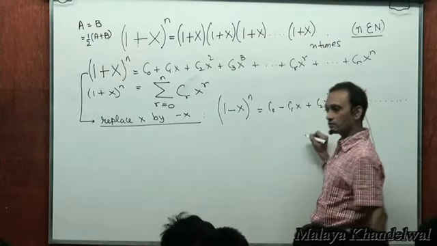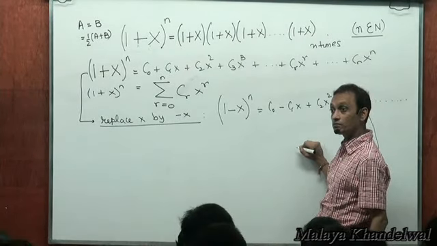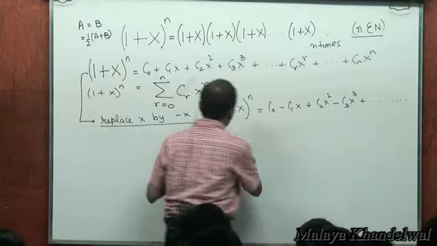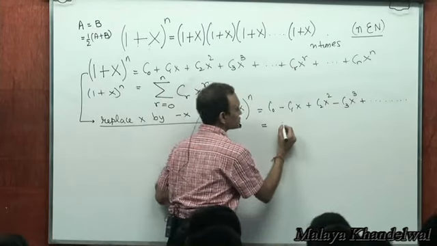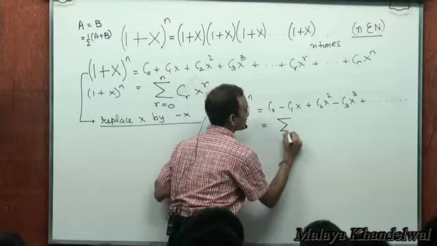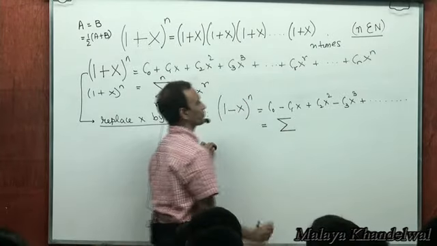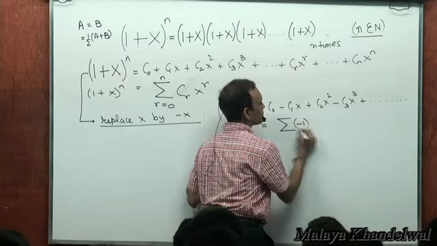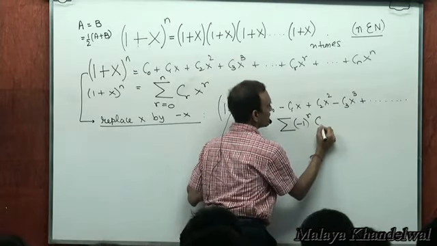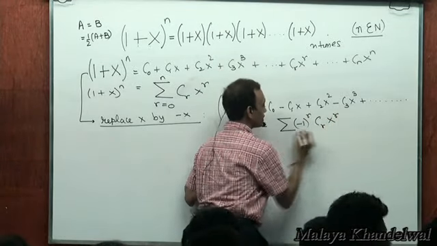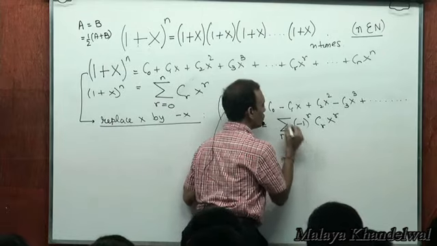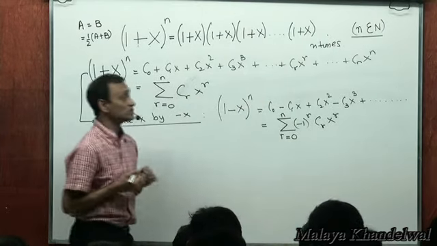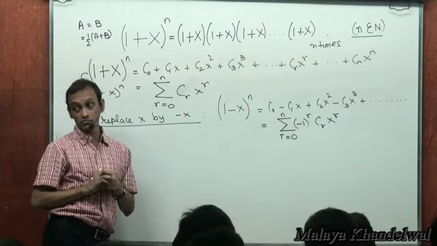This is what you get, right? Which could be written as summation minus 1 to the power r nCr x power r, r runs from 0 all the way to n. Check this out.